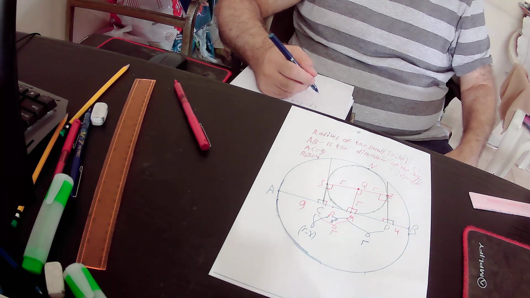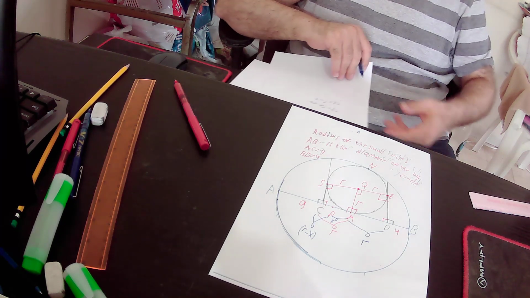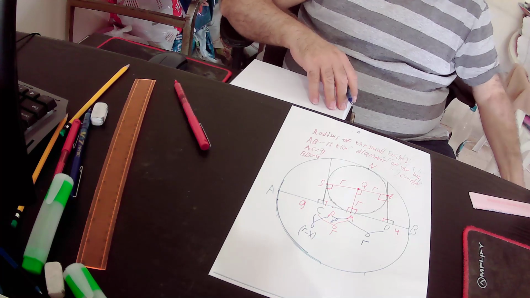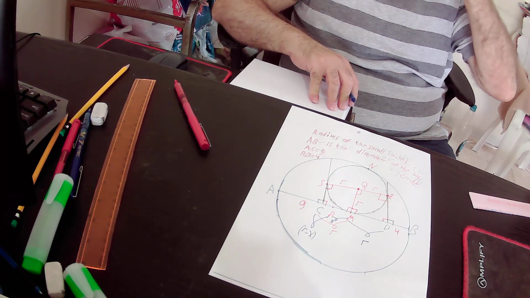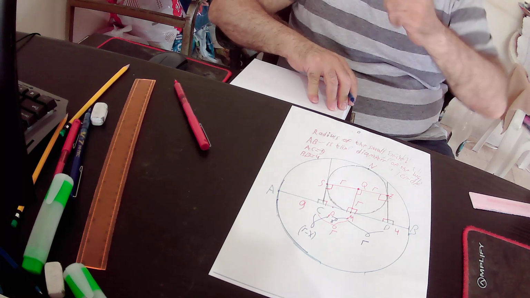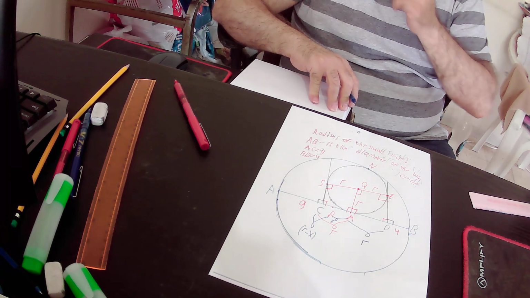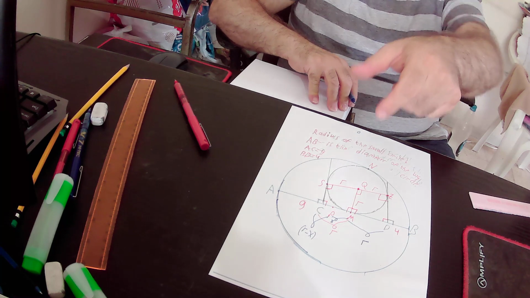Okay, in the next step we will calculate the size of the radius of the big circle in two ways.